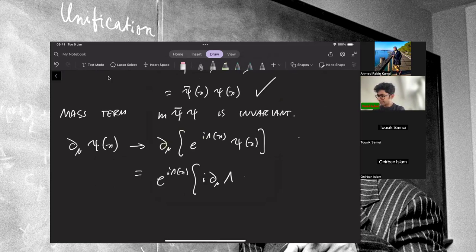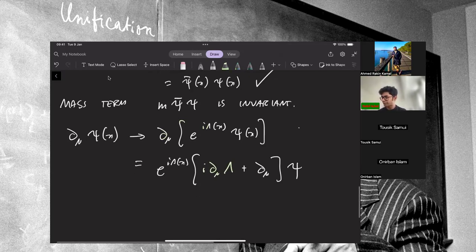And then there's a term where the partial mu acts on the psi, and we get this. And so not only is this not invariant under the gauge symmetry, it's really kind of ugly. This thing here is causing all kinds of problems, right? There's a partial lambda over here. So there is no simple way to get rid of this.